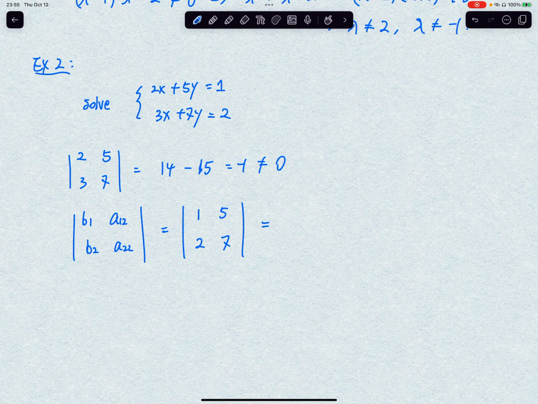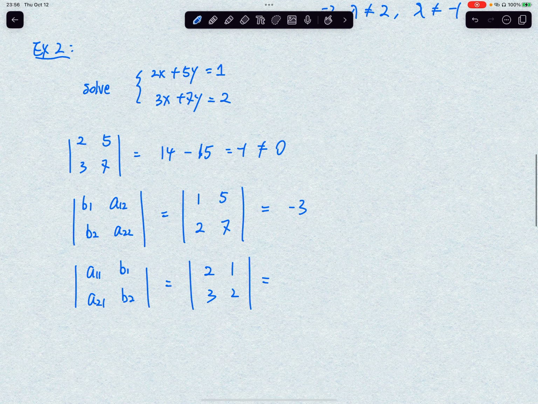And this guy is equal to 7 minus 10, which is minus 3. Similarly, we can calculate the other side, which is given by 2, 1, 3, 2.